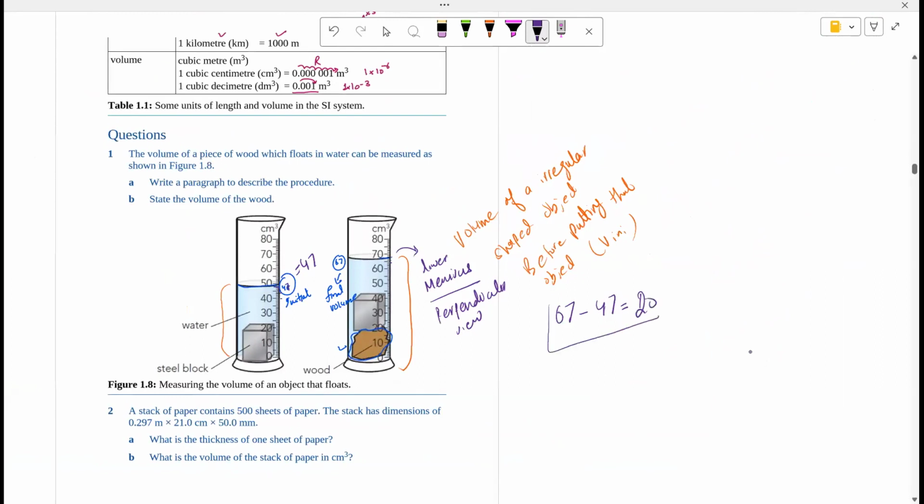Now, is it clear how to find the volume of the irregular shaped object? And this method is known as displacement. Okay. To find the volume of an irregular shaped object, the method is known as displacement method. What else do we need to keep in our mind while measuring the volume?